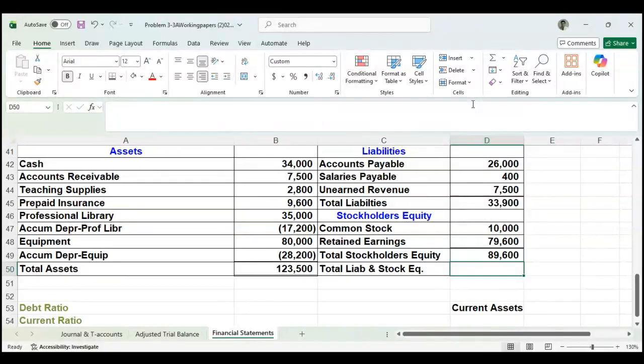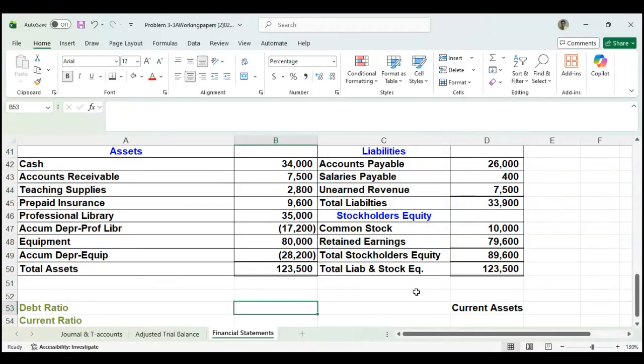Now together, the $33,900 and the $89,600 need to equal our total assets of $123,500, right? Excuse me. And they do.